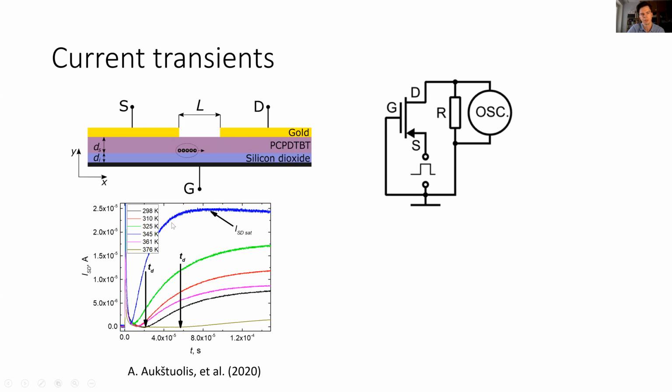So it means that this is the time when the first holes have traveled through all the length, and then we can find their mobility in the parallel direction. And also we have the maximum current, the saturation current, which is the maximum current in the channel with the applied voltage.